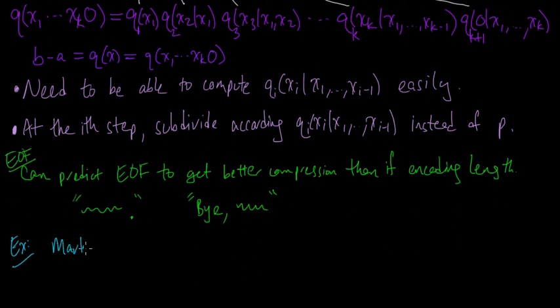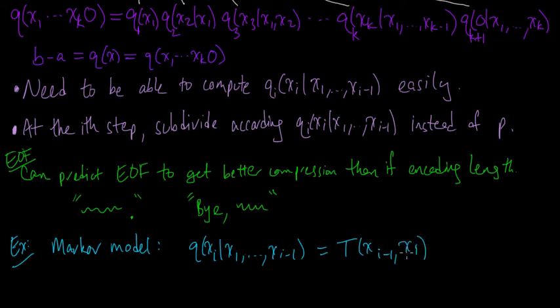A very simple one would be a Markov model. So you would say Q of xi given x1 up to xi minus 1 would just be some transition probability, maybe you call it t of xi minus 1 to xi. Or more generally, you could have some mth order Markov model.